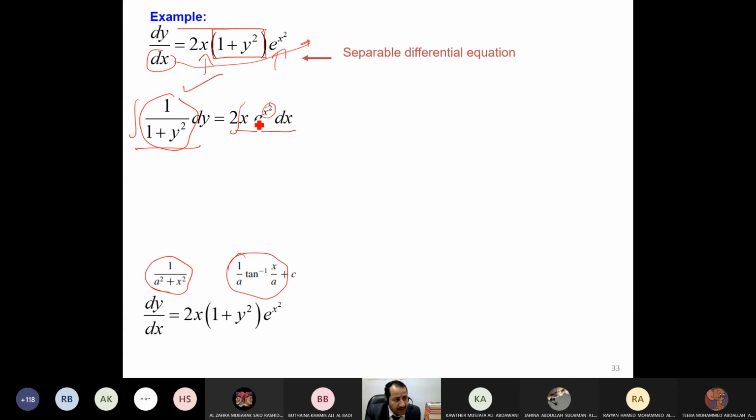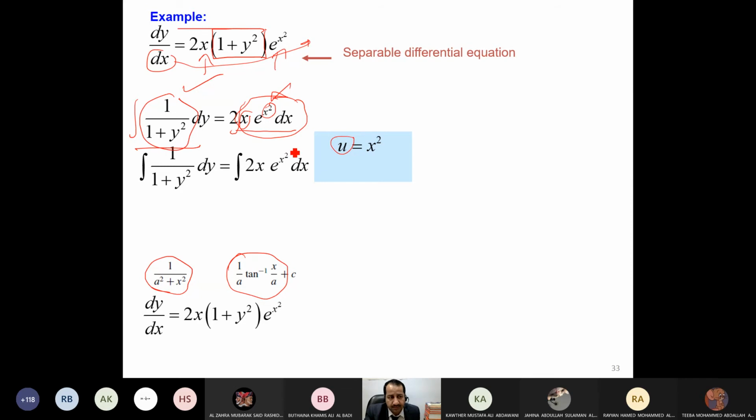Here I have x squared and I have x. Oh, I need to solve it by algebraic substitution. I will assume x squared here to be u and convert the whole expression into a function of u. It means differentiating will be du equals 2x dx. Okay, you see here this 2x dx will be du, and exponential x squared will be exponential u, as you can see here.